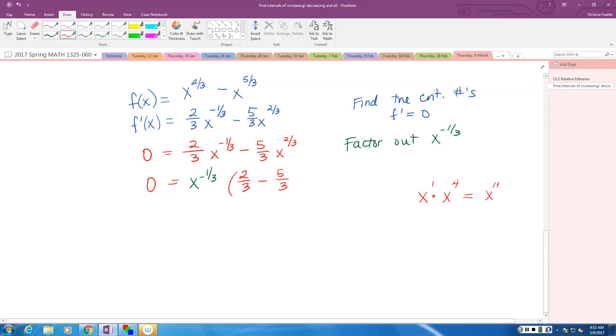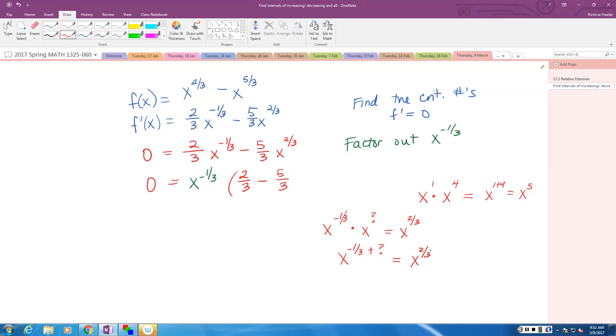Okay, so when I multiply x to the negative 1/3, and this is all still scratch work, times x to the something, it has to give me back what I started with, right? So negative 1/3 plus something has to give me 2/3.